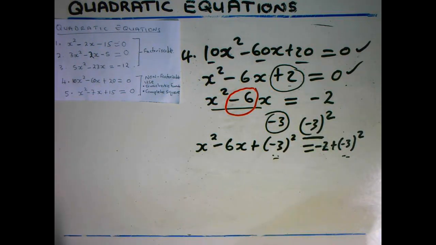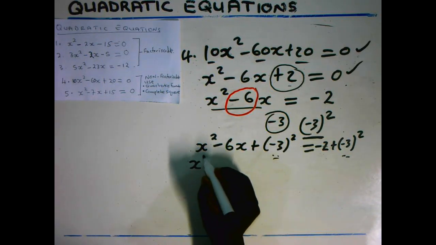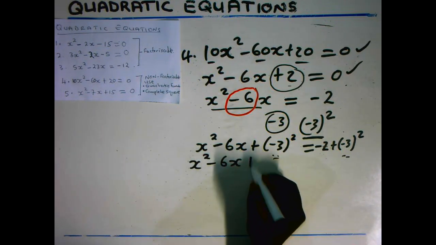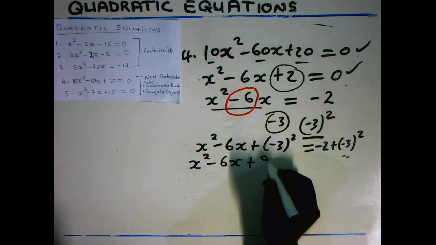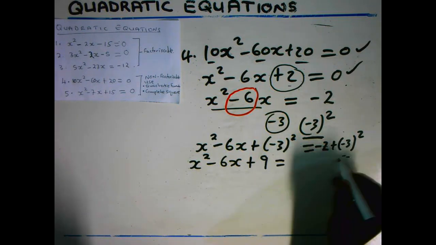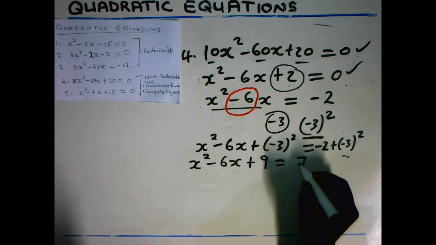Very simple. Now, this will give us x squared minus 6x plus 9 is equal to minus 2 plus 9, that is 7, is equal to 7.